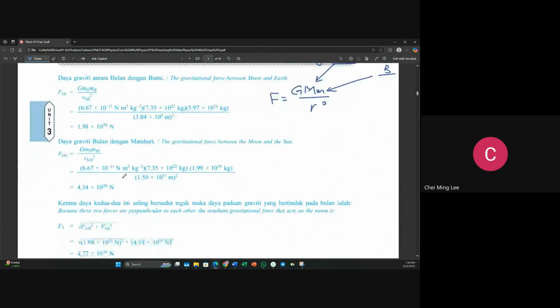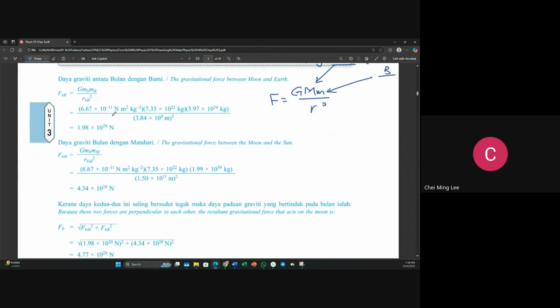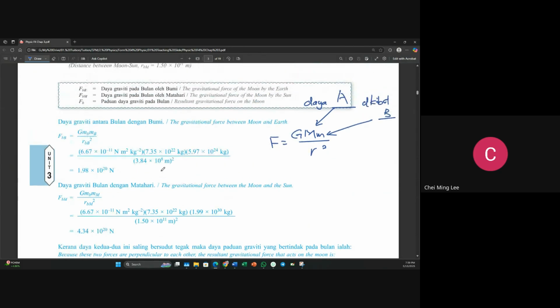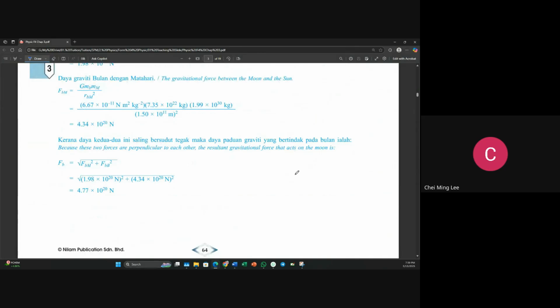You see, because they are perpendicular to each other, it's like this, and this is 90 degrees, correct?